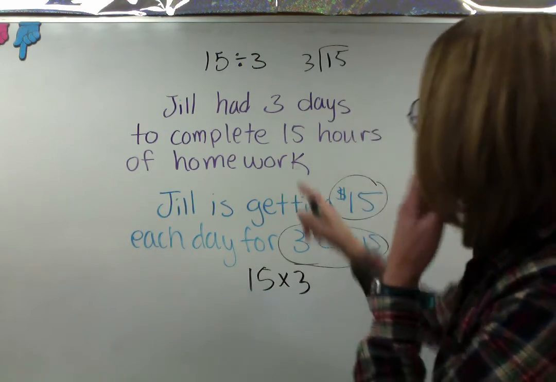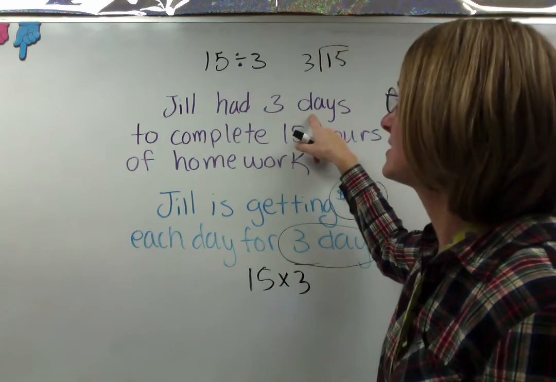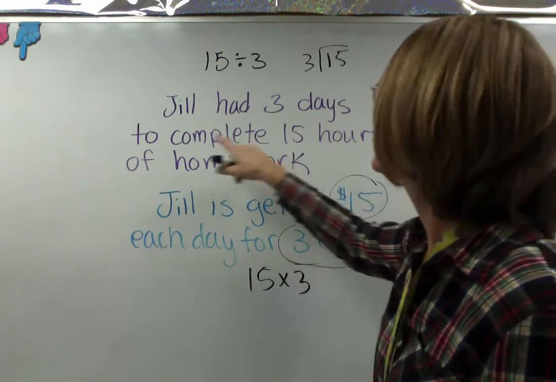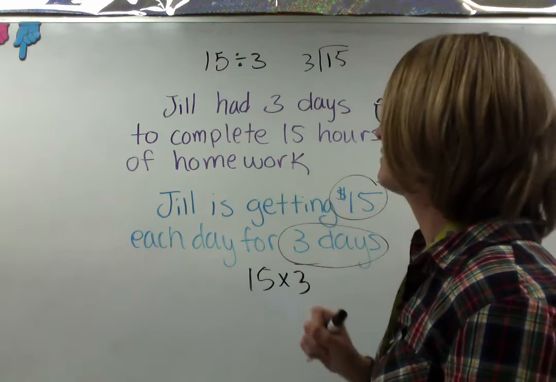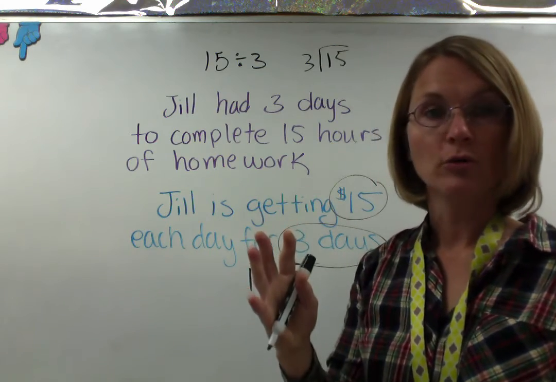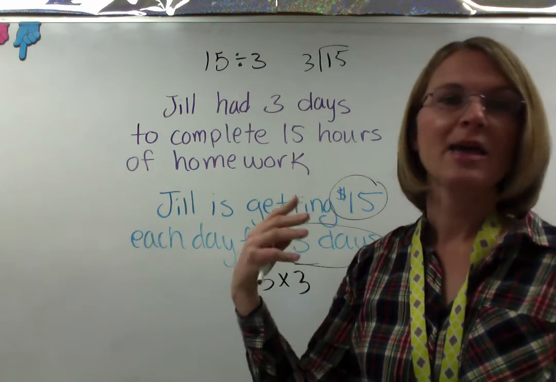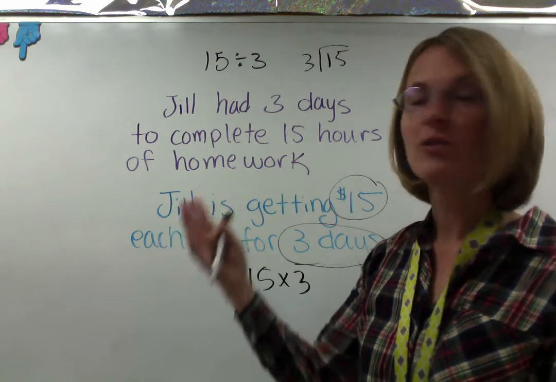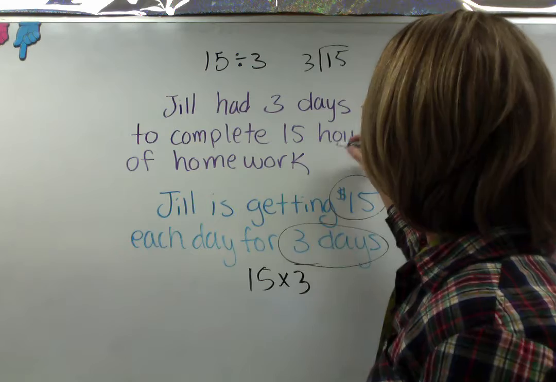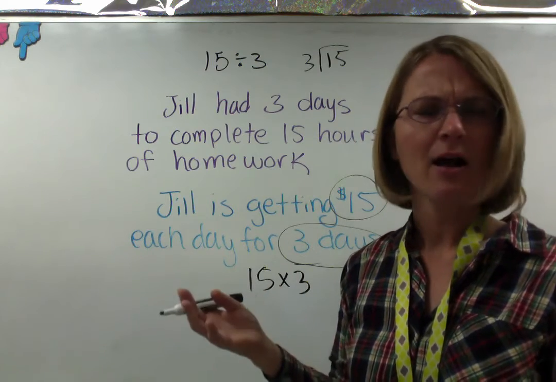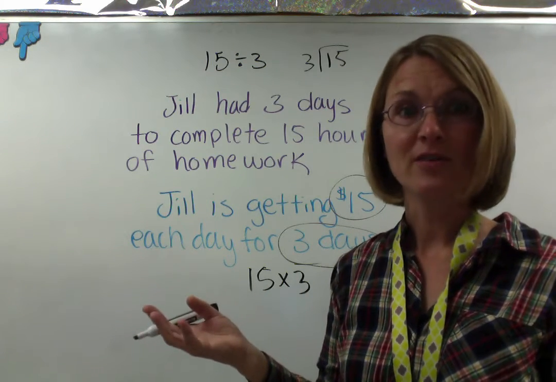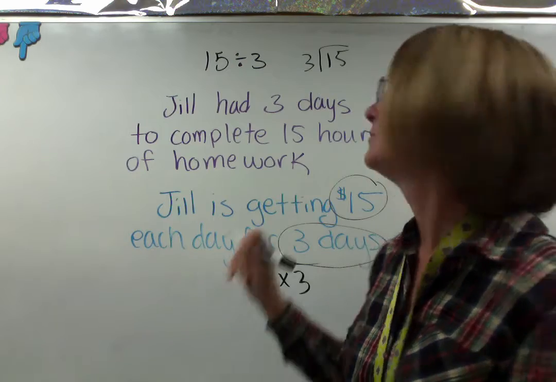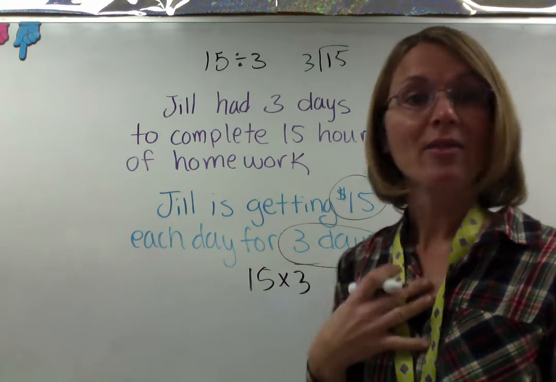All right, up here, she had 3 days, so she's got a total of 3 days to complete a total of 15 hours of homework. So we have two totals. We can't do more than 3 days, and we don't have to do more than 15 hours of homework. So in order to figure this out, the logical thing to do, if you think kind of like common sense, if I had 3 days to do 15 hours of homework, gosh, I hope that's not true, what would I logically do?